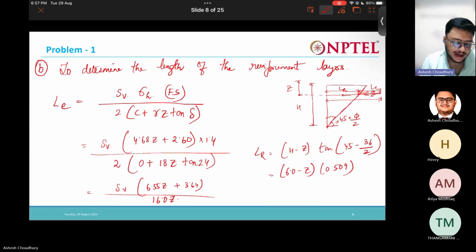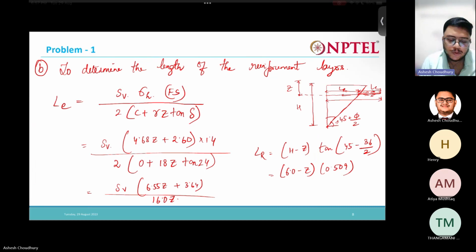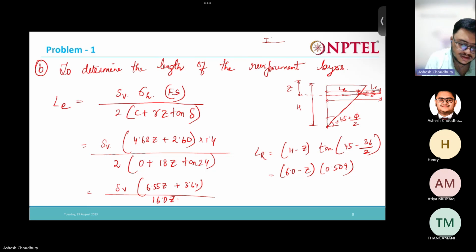And one more thing, why are we taking this to calculate the load on each reinforcement layer? Can you tell me why we multiply this SV with sigma h? If you recall from the lectures, say this is the reinforcement layer, so half above and half below, this much layer of soil will be contributing.